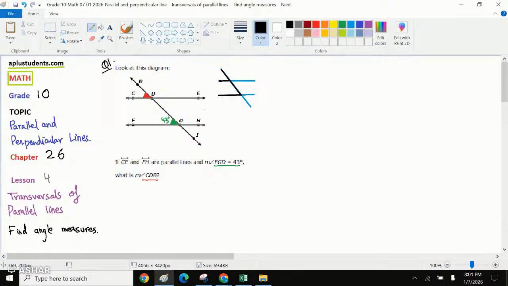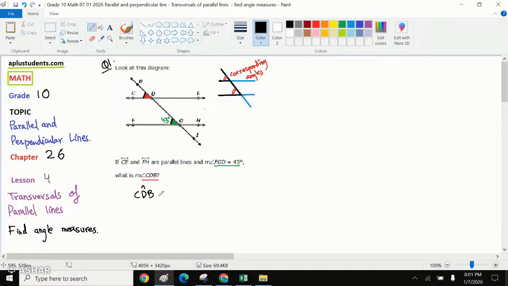Whenever we find an inverted F, there are corresponding angles, right? So we can say that these angles are corresponding angles. Agreed?